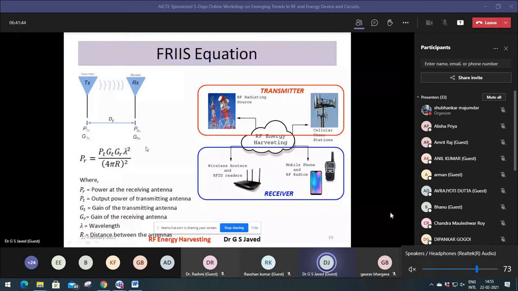So the Friis equation or the Friis formula for the received power at the receiving antenna is given as the product of the transmitted power multiplied by the gain factors over 4 pi r, or what you could say the spherical spreading over the radius, or the distance between the two objects.